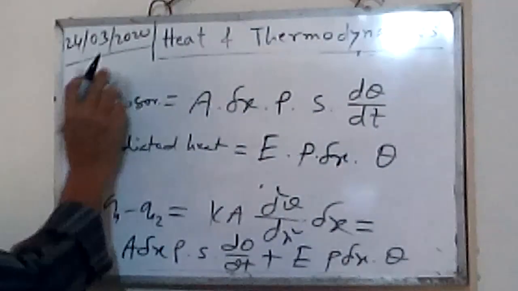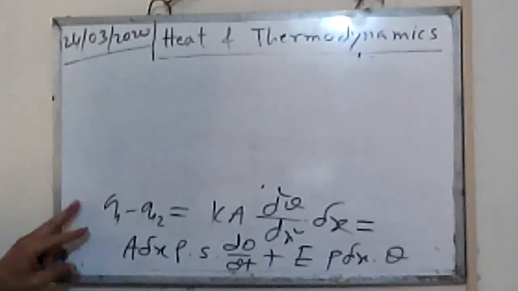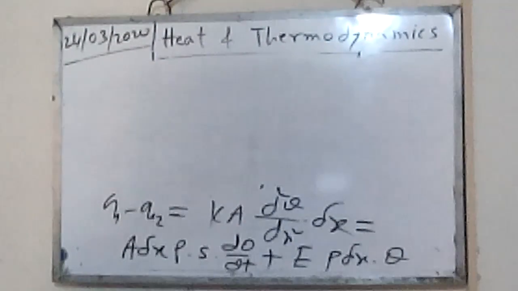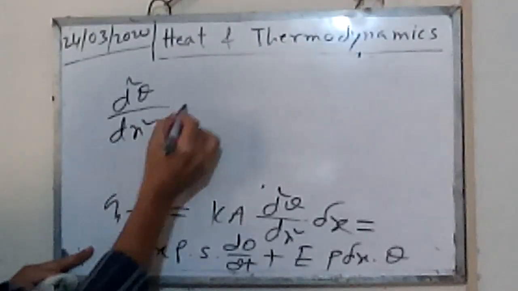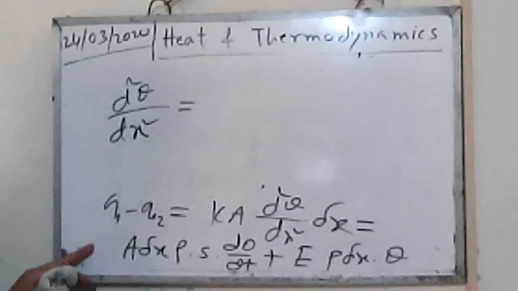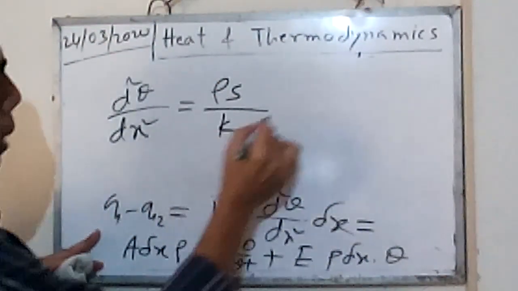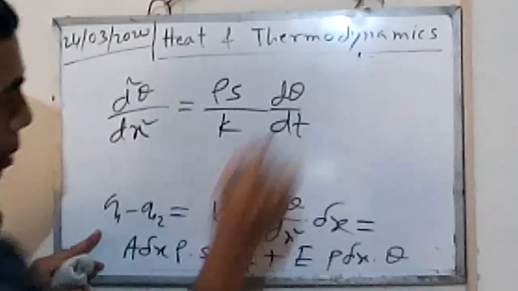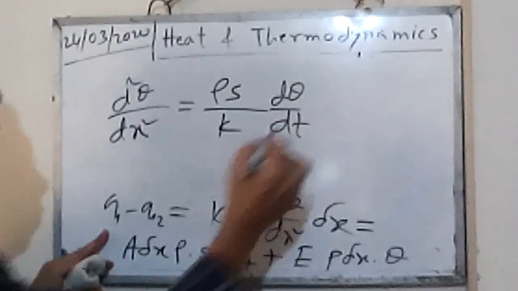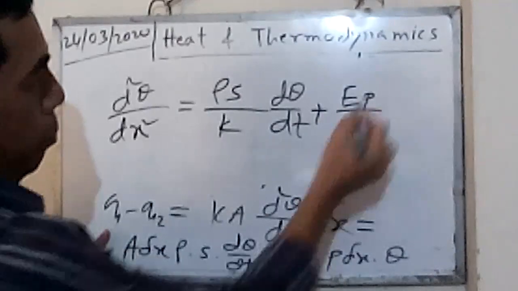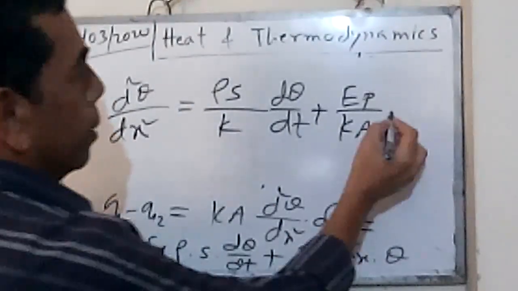Now simplifying this equation, you may get d square theta by dx square equal to rho s by K d theta by dt plus E P by K A theta.